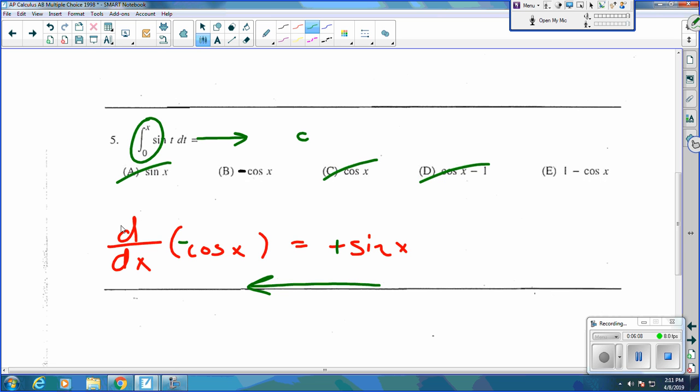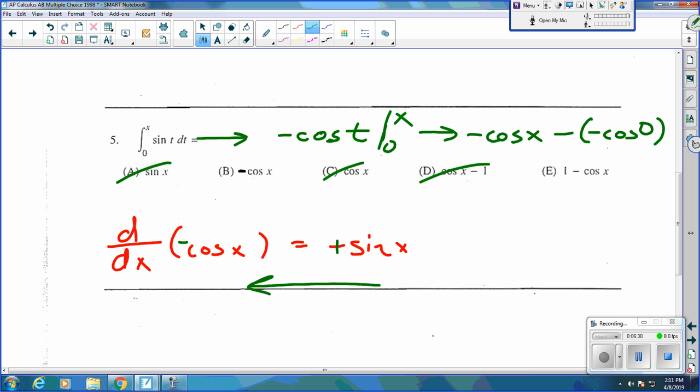It's plus c that gets us, and that's why the answer is going to be E. I can guarantee the answer is E. You get negative cosine t from 0 to x. And this is what gets us, guys, negative cosine x minus negative cosine 0. Cosine of 0 is 1. So this is 1. The answer is E.